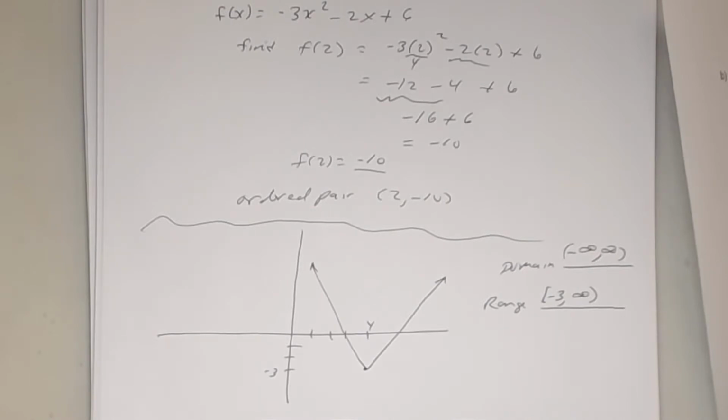Now, most of what you're going to do at this point forward in this course is going to involve factoring. So we're going to start talking about factoring polynomials. So that's chapter 13.